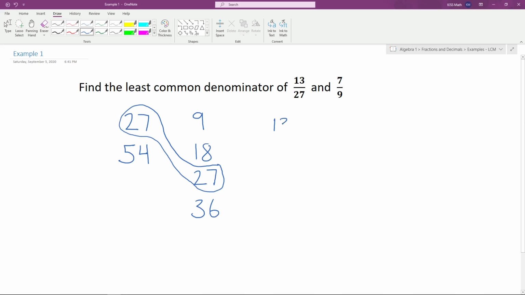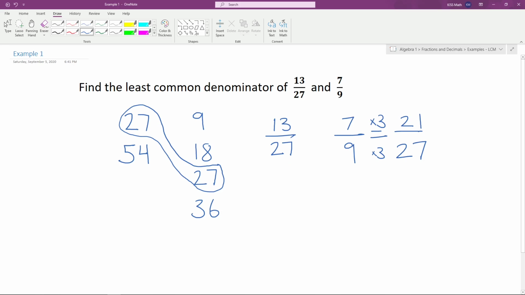So 13 over 27, well, we don't have to do anything on this one. And then for 7 over 9, we know it's something over 27, and we had to multiply by 3 to get to 27, so we do the same for the top, and that gives us 21 over 27.